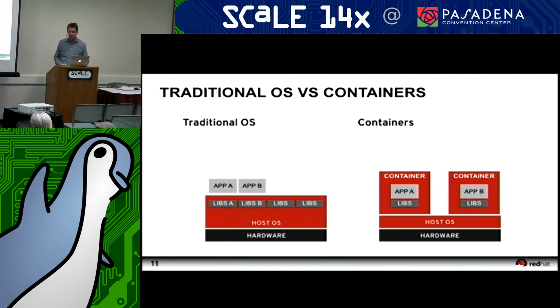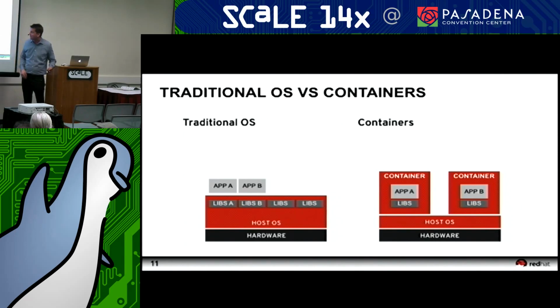And so from a technical perspective, what's the difference in terms of a container architecture versus a traditional system, right? On a traditional system, you have an application, maybe application A and application B, and they're sharing all the different libraries on the host operating system. As well as in a virtual machine, each virtual machine has its own dedicated kernel.